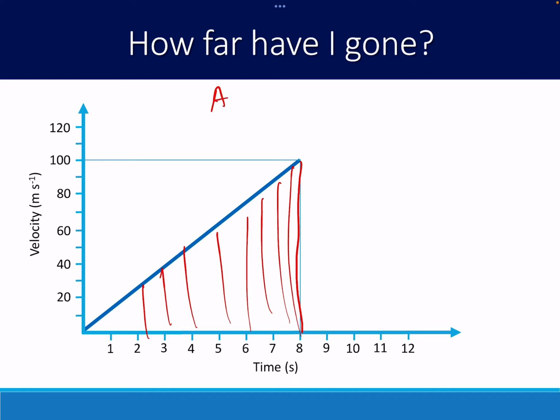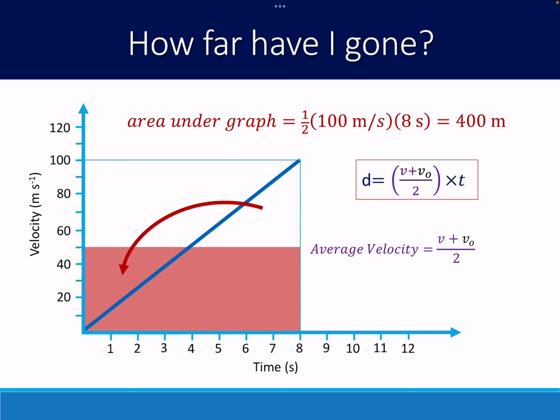If you remember the formula for the area of a triangle, that's going to be 1/2 base times height. So we have a height of 100 and a run of 80. Multiply those together and 1/2, and we're going to get 400 meters.